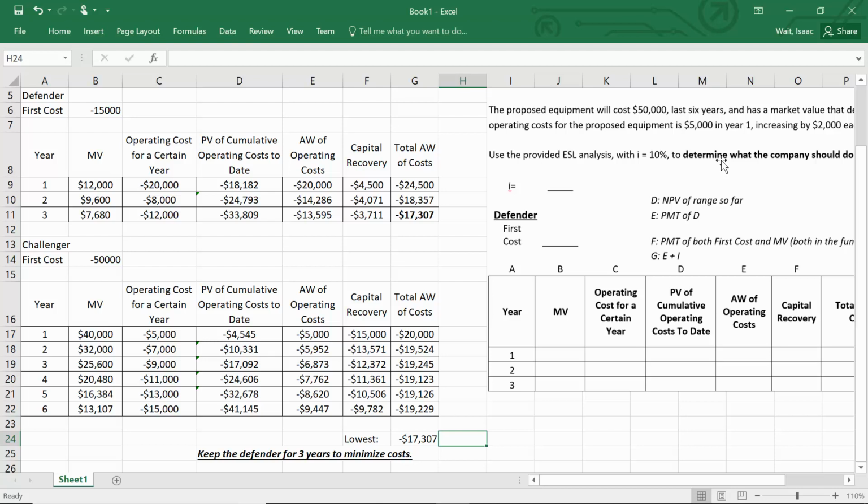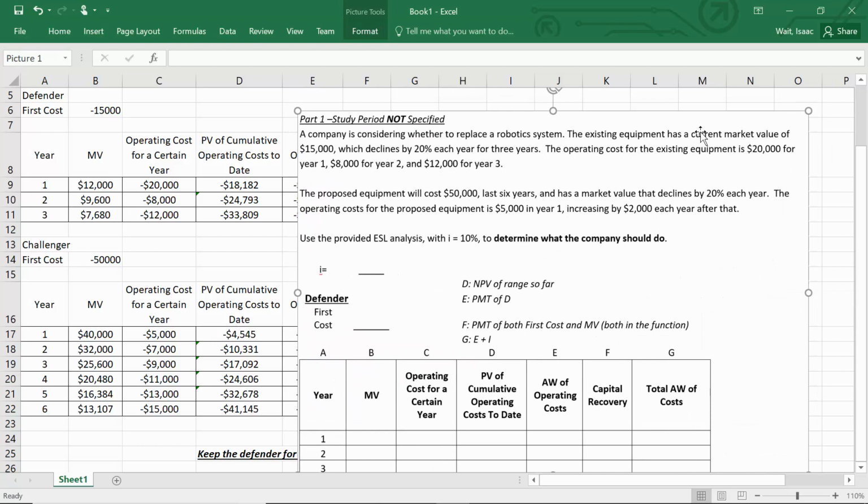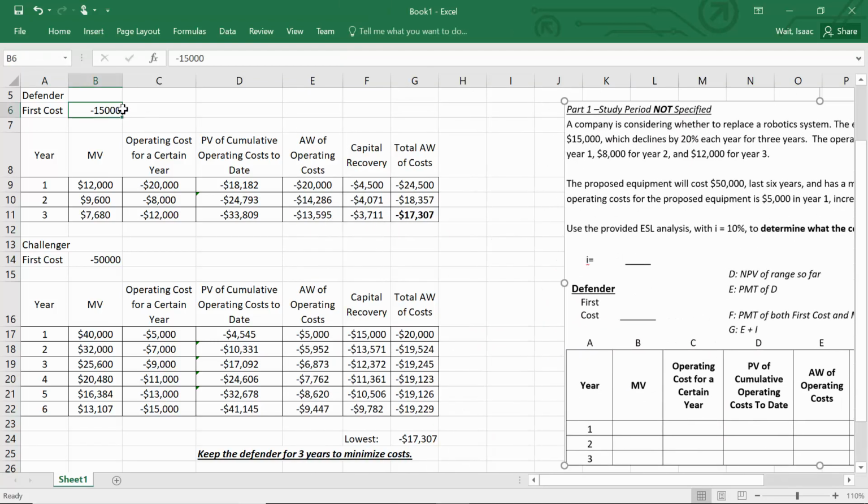So the first cost for equipment that you already own is its current market value. And so that's why in the problem statement it said the existing equipment has a current market value of $15,000. So we put a minus sign in front of that, because if we keep it, that means we can't sell it. So that's what we assume our first cost is for existing equipment.